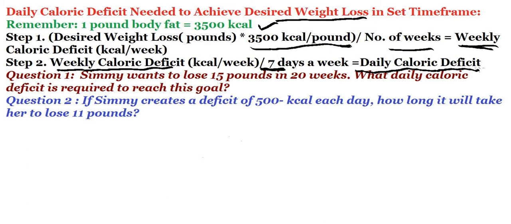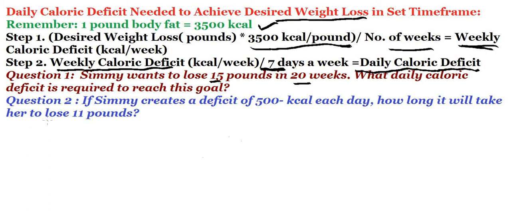So let us try question number 1, which says Simi wants to lose 15 pounds in 20 weeks. What daily calorie deficit is required to reach this goal? How much does Simi want to lose? 15 pounds.